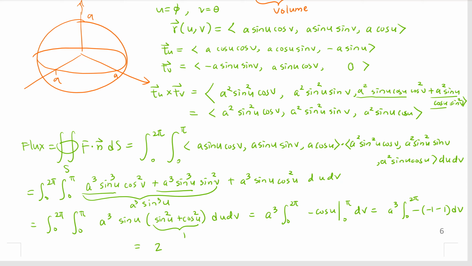So 2a cubed, and then the integral of 1 with respect to v is just v, evaluated from 0 to 2 pi. This is just 2a cubed times 2 pi, so our answer is 4 pi a cubed.